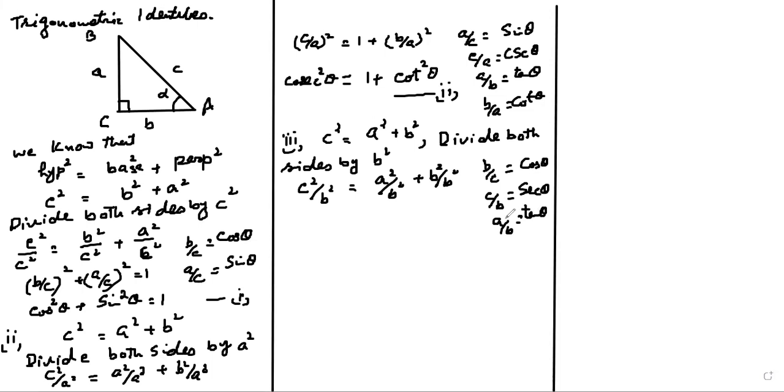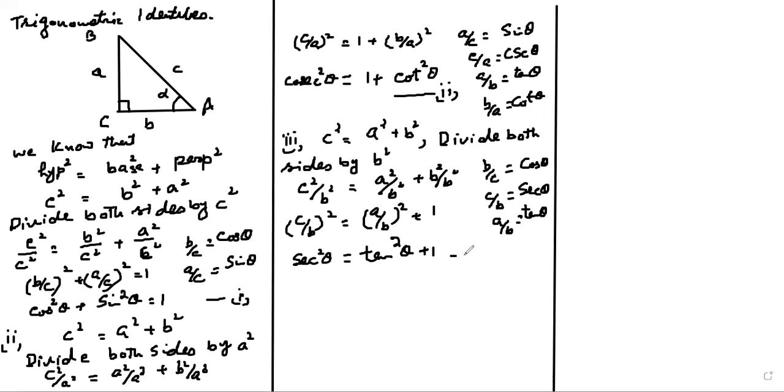Okay, so the left hand side is C over B, the whole square, equals A over B, the whole square, plus 1. So C over B is secant theta, so secant square theta equals A over B is tangent, so tangent square theta plus 1.